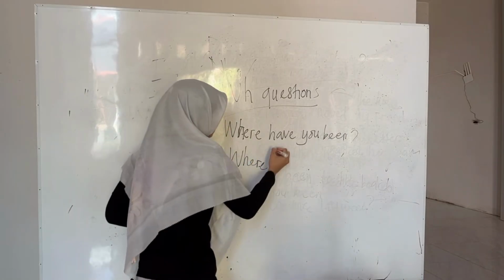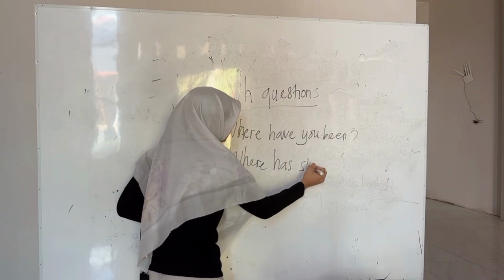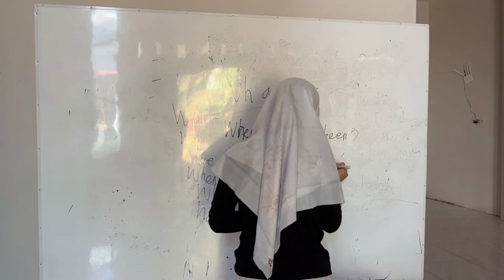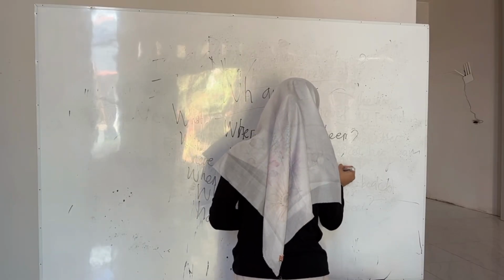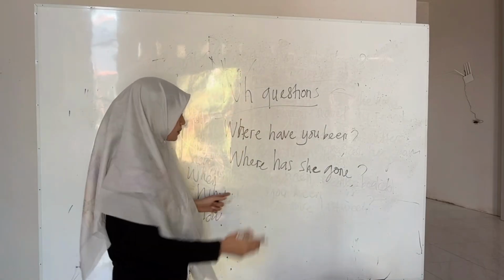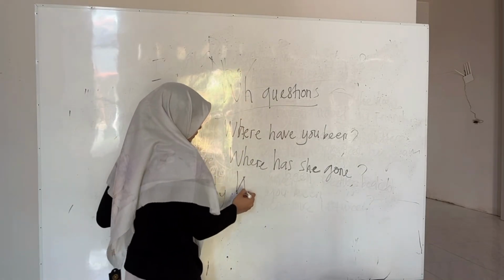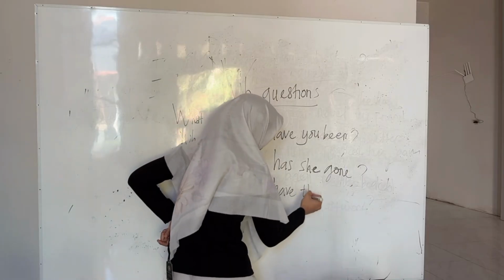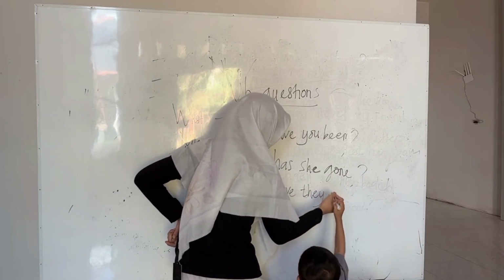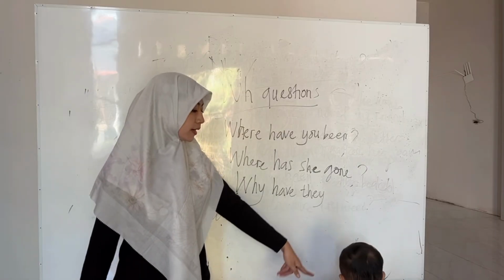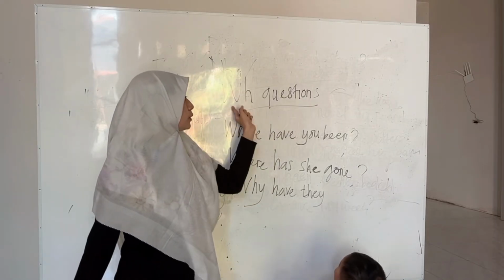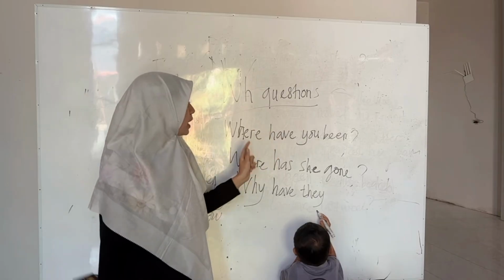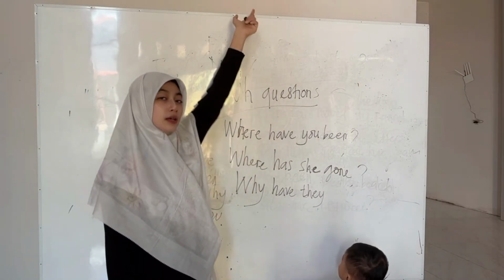For WH questions, we can use what, who, where, when, why at the front of the sentence, and then we use has or have, and then the subject, and then the past participle.